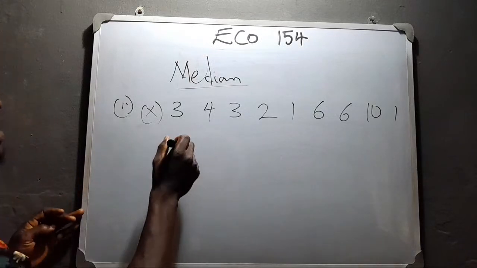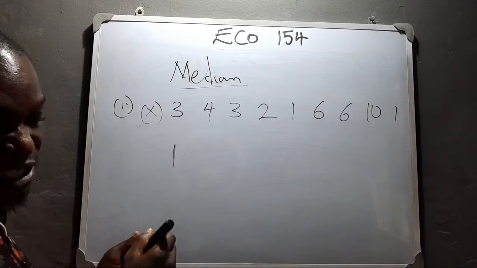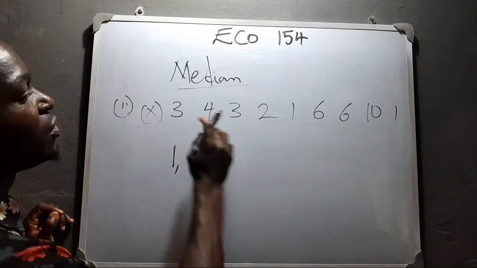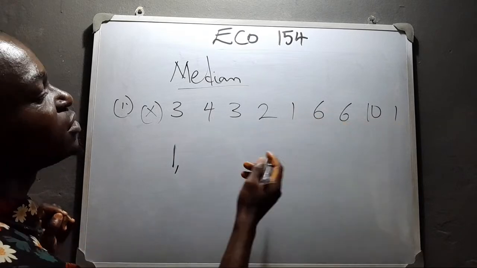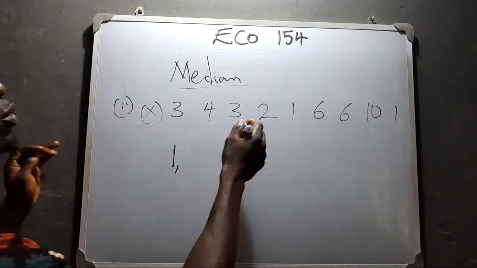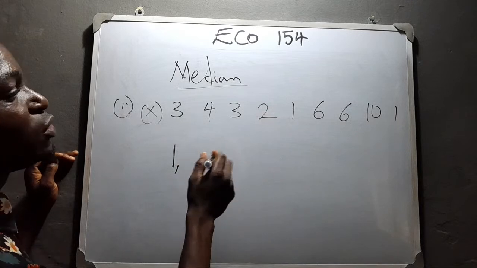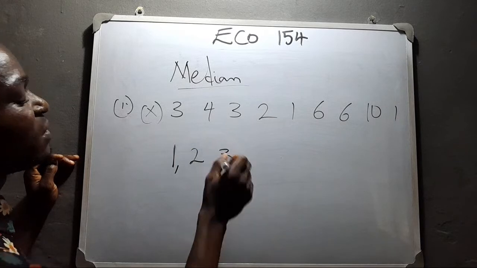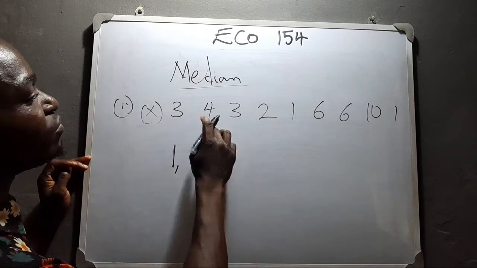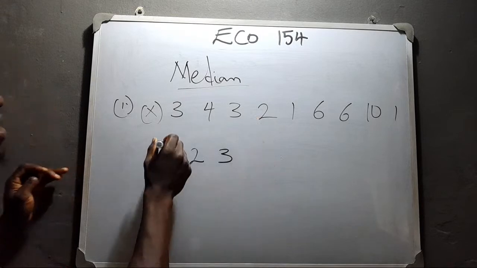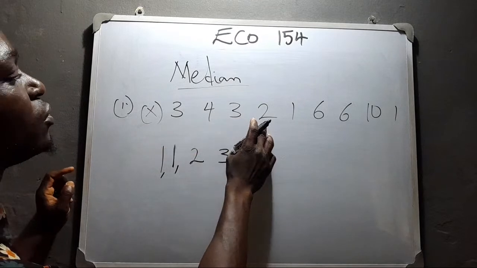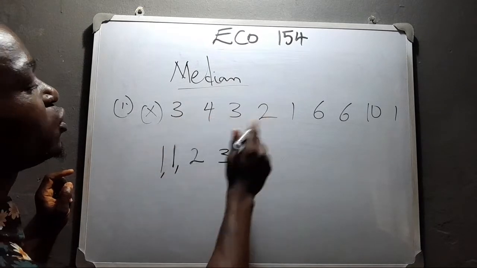So here we have 1. We have 1 two times in the distribution. Again, we have 2 in the distribution. We have 3 twice.